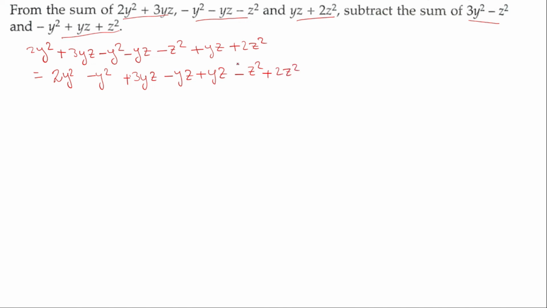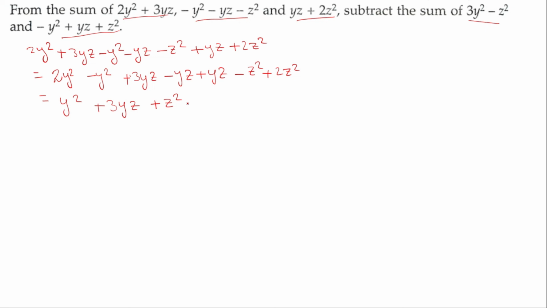A better way to check whether you have missed any term is to count how many terms there are. 1, 2, 3, 4, 5, 6, 7. And we have written 1, 2, 3, 4, 5, 6, 7. That means we have written all the terms. So let us solve it. Y square 3, 2, 1, 3 yz, and this is z square. Hope you are getting this one.